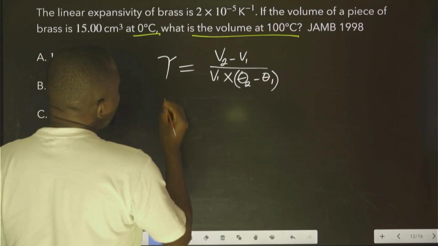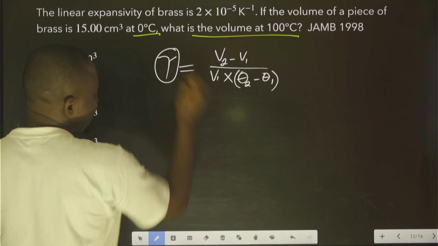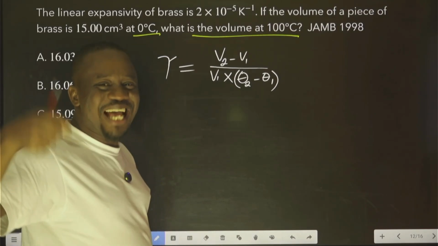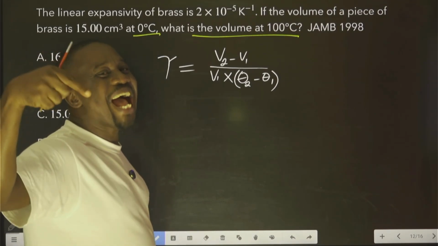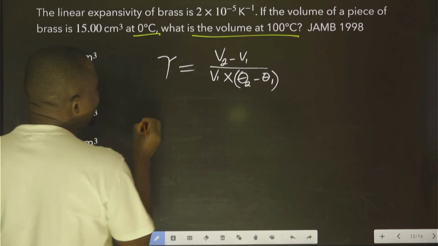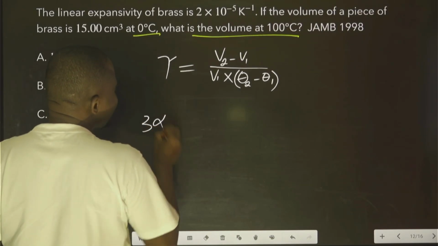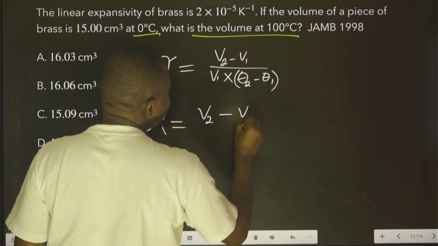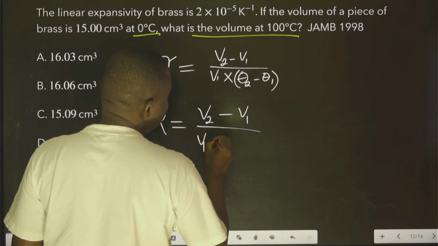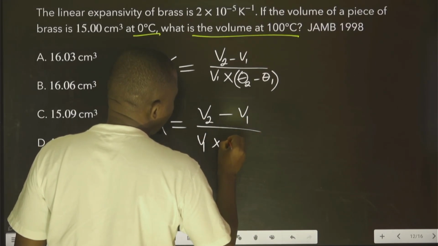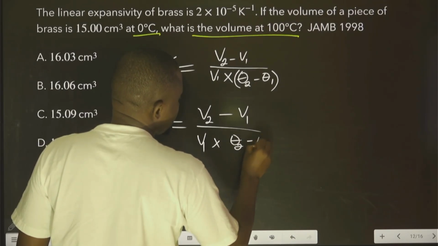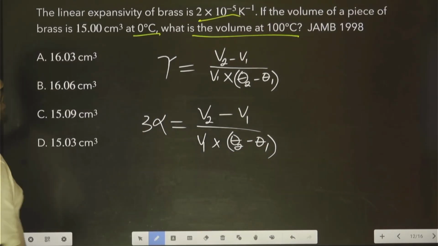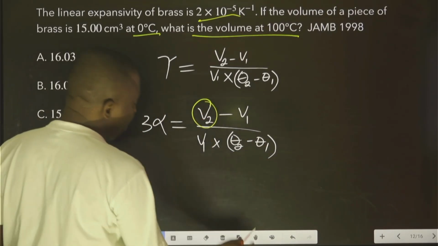Now, you will agree with me that this is equal to 3 times alpha. 3 times linear expansivity. So we can come in to say 3 times this is equal to V2 minus V1 over V1 times change in temperature. So now, let's make this the subject of formula.